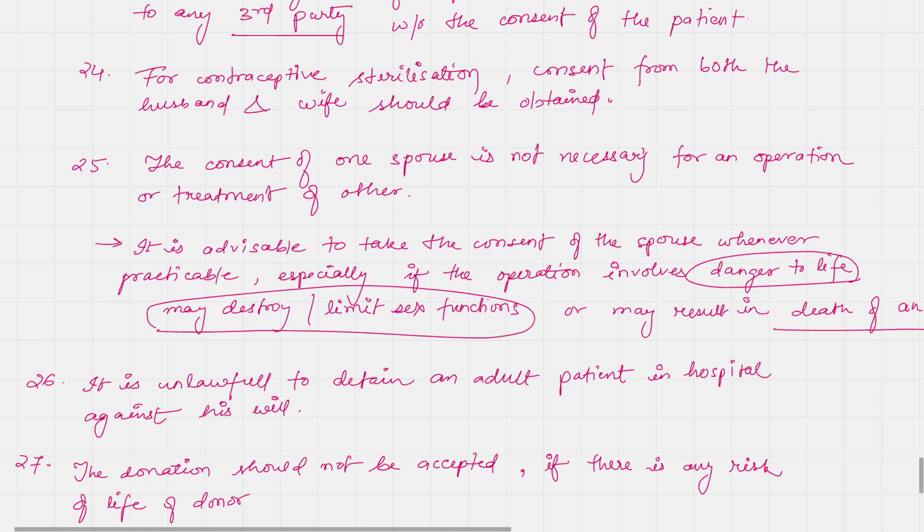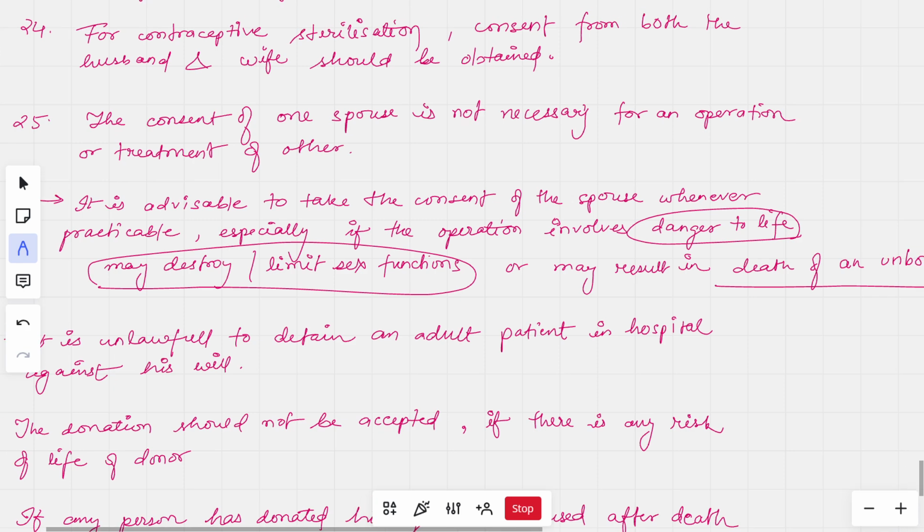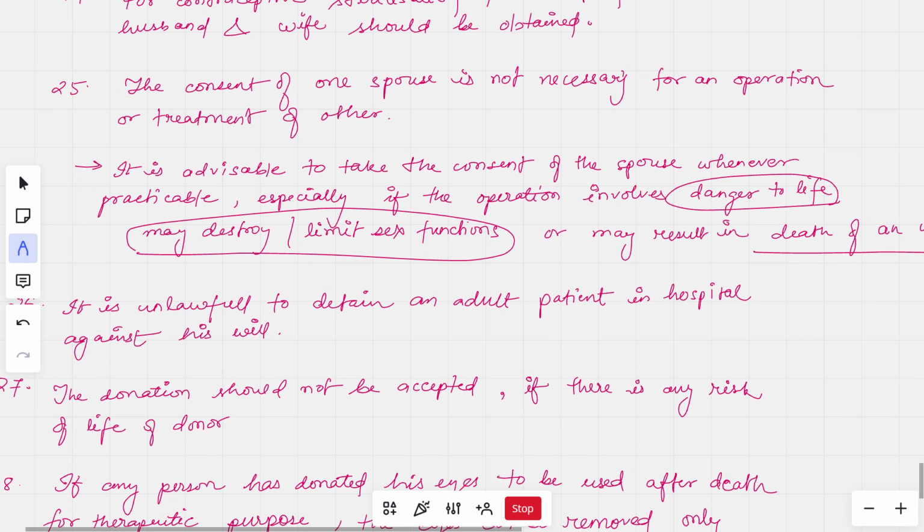For example, it is only advisable in practice in cases where the operation involves danger to life or may destroy or limit sex functions or may result in death of an unborn child. In those cases only, the other spouse's decision is considered or consent is taken.